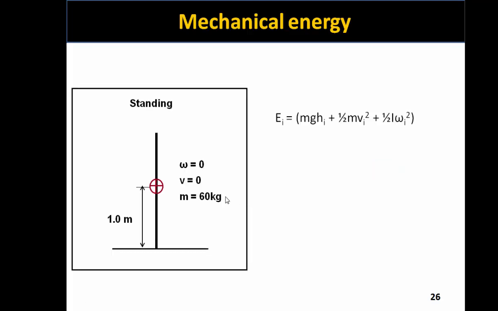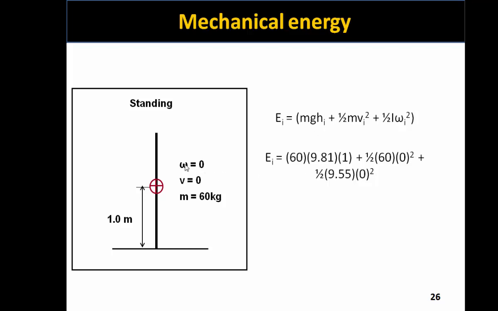So once again here, as we begin our process, the initial energy of the gymnast taken at this point is going to be equal to the sum of the potential energy, the translational or linear kinetic energy, and the rotational kinetic energy. By substituting the values that have been provided to us, we have a mass of 60 kilograms. We input 9.81 meters per second squared for g, and the height was taken to be 1 meter.